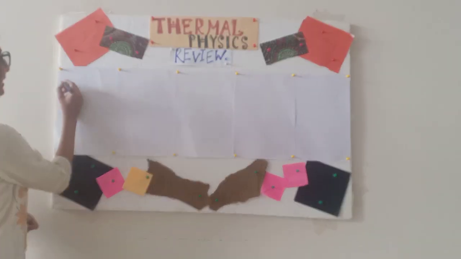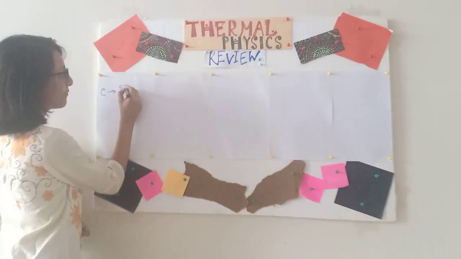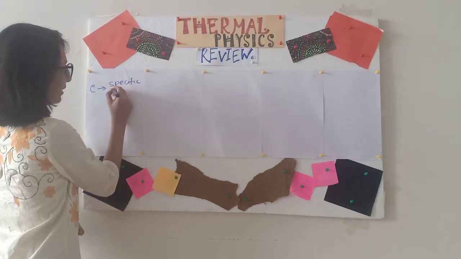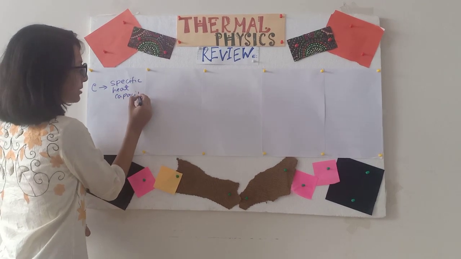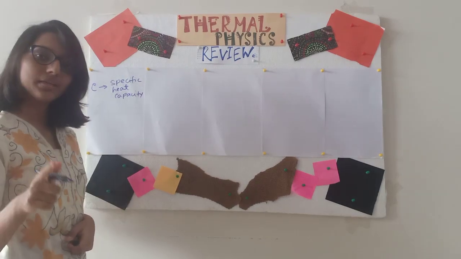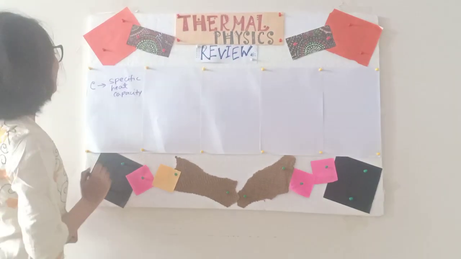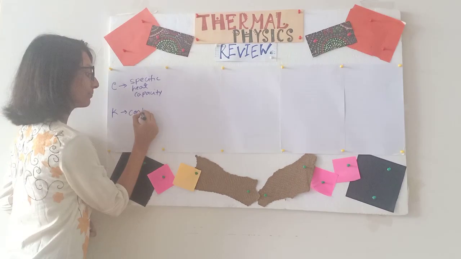So let me tell. The first topic is C, specific heat capacity. We spoke about it in session 3, heat capacity, and also in episode 2 from Fun to Explore. And the next topic is K, conductivity.